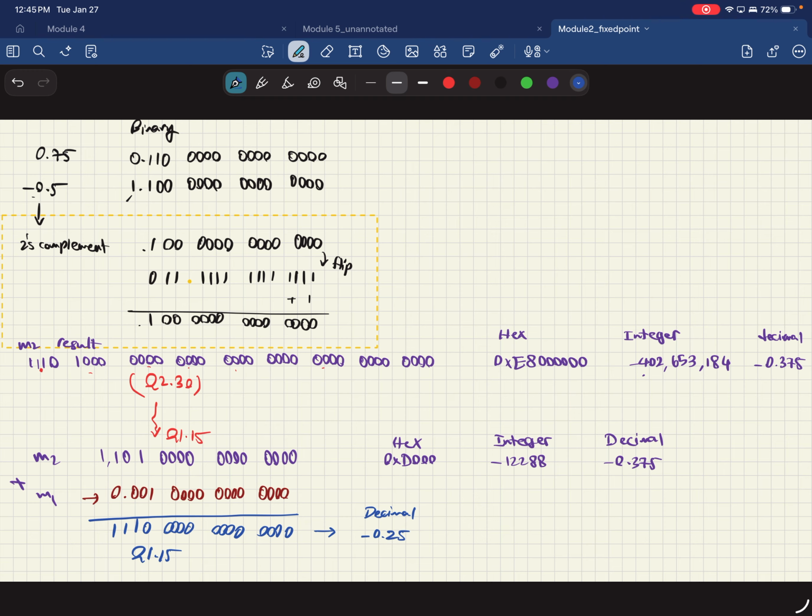Hi, the M2 result, you know how you went from 2.30 to 1.15, right? You know how you dropped an integer bit? Is it always safe to do that? I think someone might have asked this, but I missed it. Yes, so here, what we have is the first bit is a -1, right? No, it doesn't work all the time.